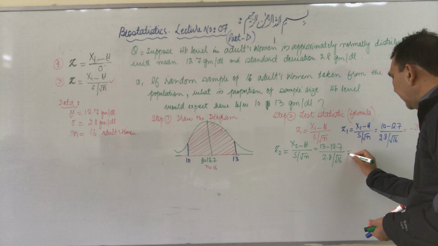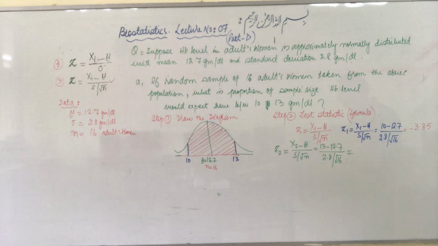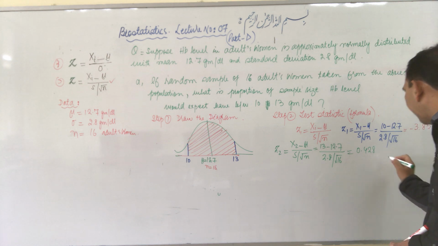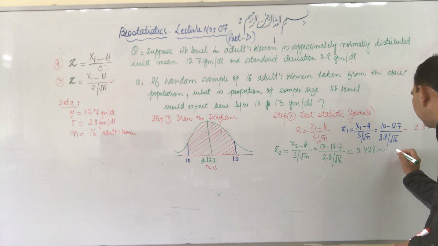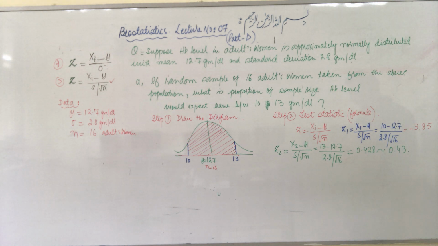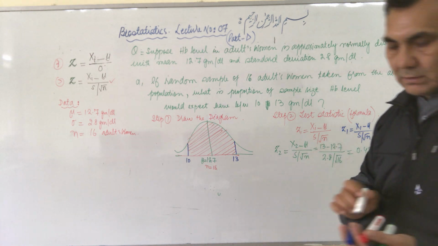Then the result will become 0.428, and we round it up to 0.43. So minus 3.85 is the result of the Z1 and 0.43 is the result for the Z2.